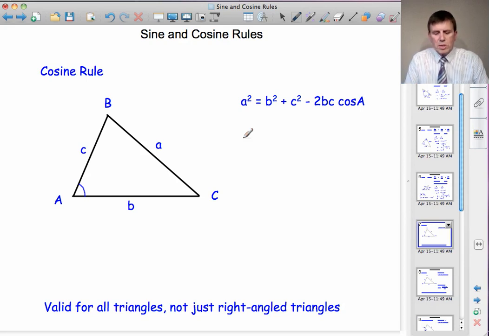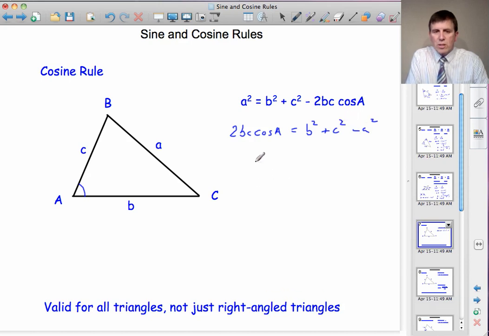So let's have a rearrangement. I want to find cos A. What I'll do is I'll bring this term here, minus 2bc cos A, which means 2 times b times c times cos A, to the left-hand side and it'll become positive. I'll take the a squared to the right-hand side and it will become negative. So that will give me 2bc cos A is equal to b squared plus c squared minus a squared.